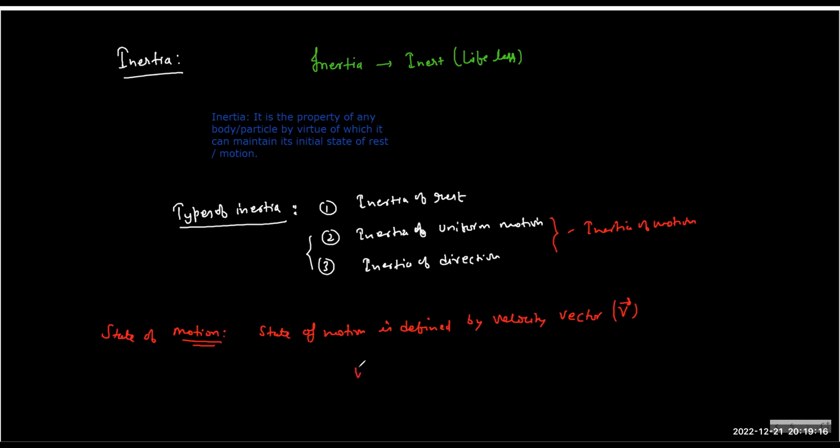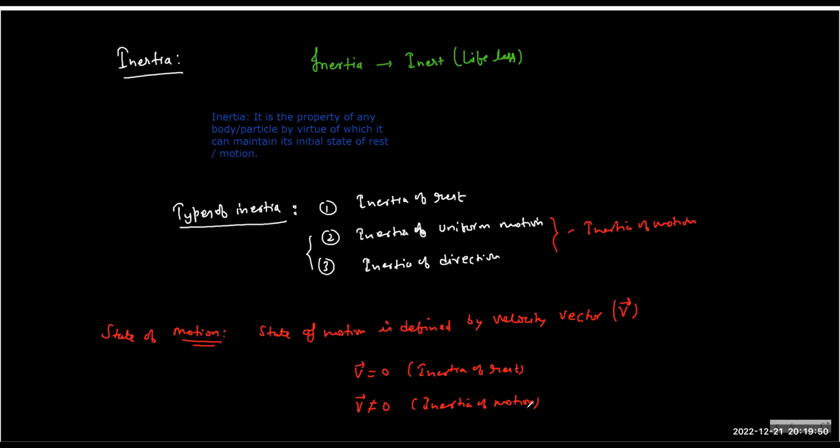When V equals 0, meaning there is no velocity, this defines the inertia of rest, isn't it? If something is moving in a certain direction, if V is non-zero, then we have inertia of motion.